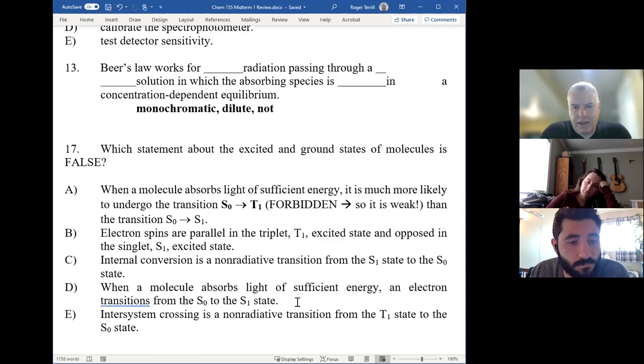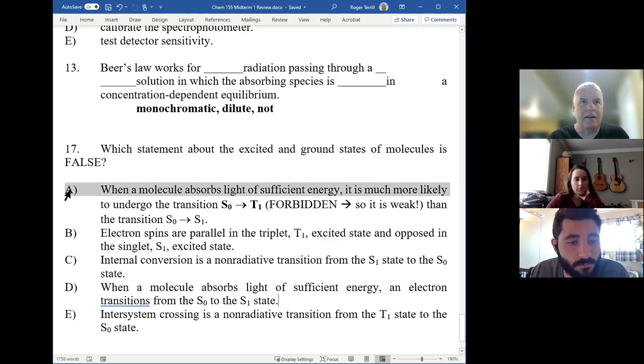You can't blame it on a single electron. But okay, whatever, we'll just use this sloppy chemistry vernacular here. Intersystem crossing is a non-radiative transition from T to S. That is also true. So the only false one here is A.